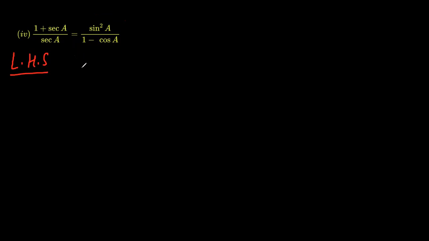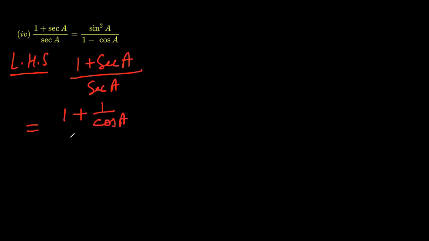So obviously we will change everything into sine cos. Let's write the left hand side first, 1 plus sec of a divided by sec a. That is 1 plus sec a can be written as 1 plus 1 over cos a, and this gets divided by 1 over cos a, because sec a can be written as 1 over cos a.